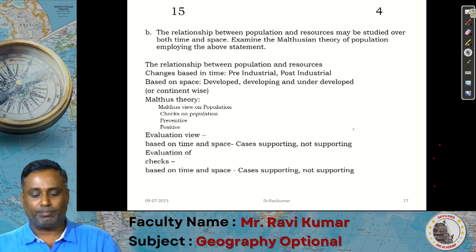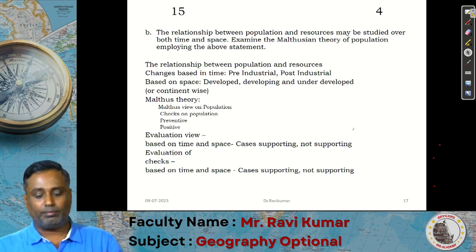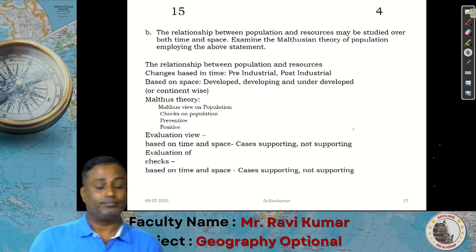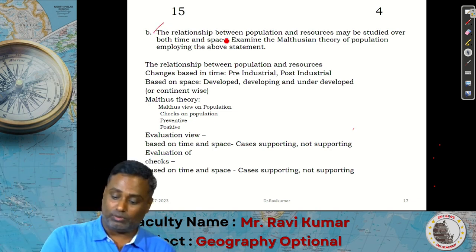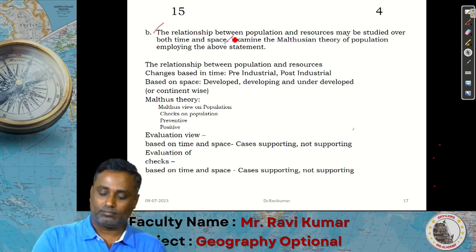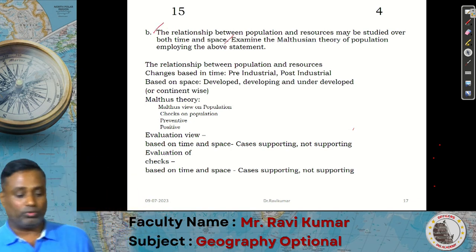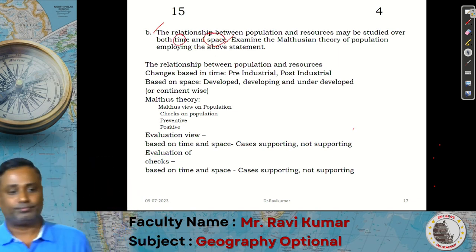Okay, the relationship between the population and resources may be studied over both time and space. Examine the Malthusian theory of population employing the above statement. See, I have given one statement up, right? The question is given with one statement: the relationship between population and resources may be studied over both time and space.